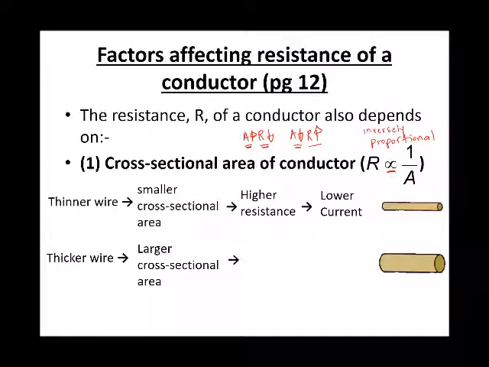Because it is bigger, it will not resist so much current. So the resistance will be lower. When the resistance is lower, it means that you can have more current flowing through, right? So you have a higher current which is able to flow through the circuit.